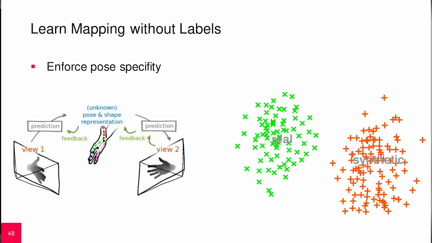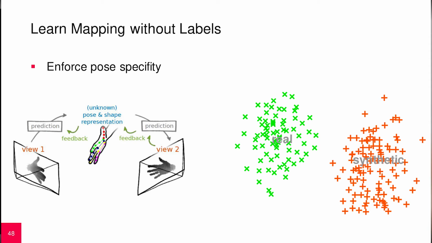But even using this idea from before for exploiting unlabeled data, where we showed that the latent representation is quite specific to the pose, so similar poses are close together in the latent space, what can still happen is that similar poses are close together for real samples and for synthetic samples, but separately, because the model finds it easier to predict real samples separately from synthetic samples, because the domain gap is that big.